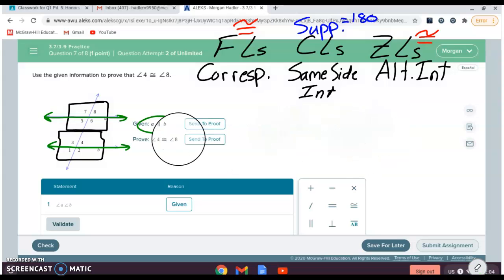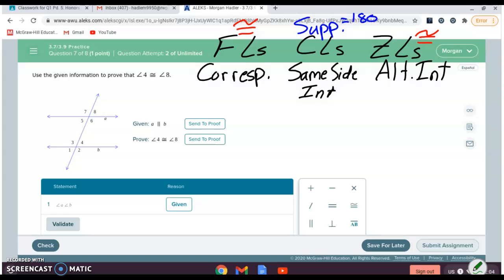So that being said, what we're looking at here, 4 to 8, those are sitting in the exact same spot. Those are corresponding angles. Since we know that corresponding angles are congruent, we can say right away that those are congruent.